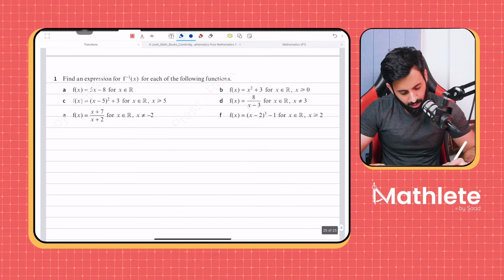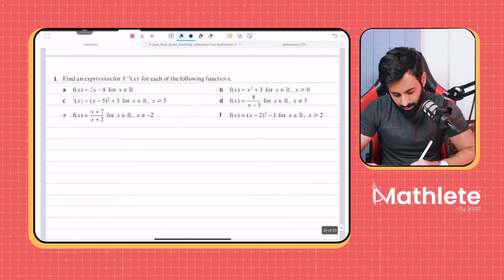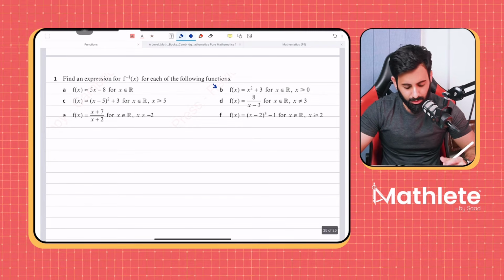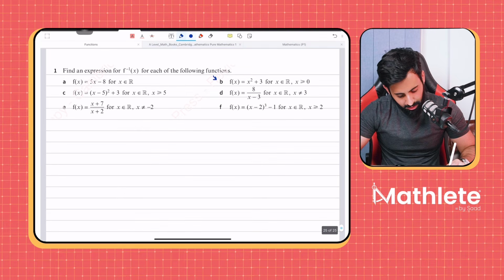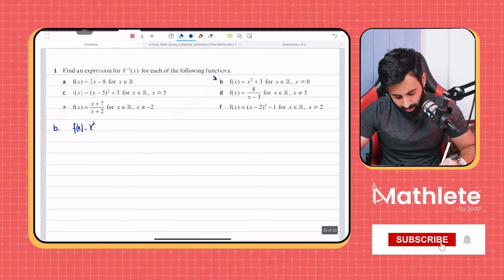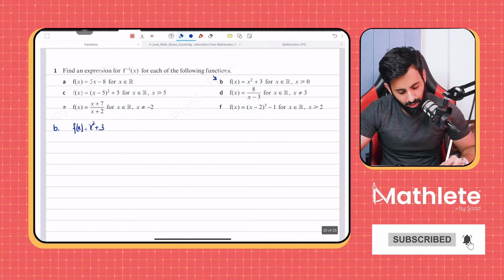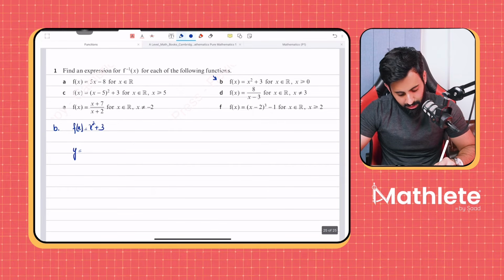Okay. So I'm going to solve part B, and I want you guys to take a closer look. So in part B, this is what we have. We have y equals f of x equals x square plus 3. Okay. So if I have to find out the inverse, and notice that we're given the domain, which is x greater than or equal to 0.